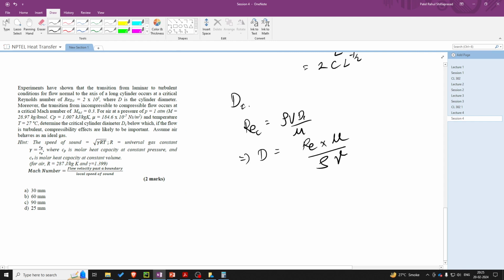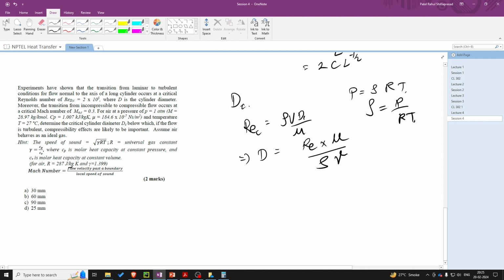Viscosity, if you require, you can use over here. Density we don't know over here. So for this, you can write P is equal to rho RT, that is rho is equal to P upon RT. We can use this equation since the value of gas constant we are taking in joule per kg Kelvin.